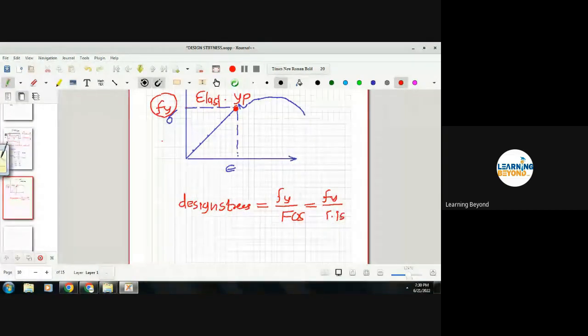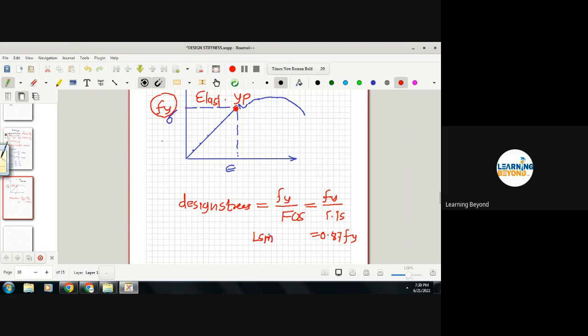And 1 upon 1.15 means 0.87 Fy. So this is our design stress. Whatever steel structures we design, we design for 0.87 Fy, and that too in the limit state method. Please try to understand it. Limit state method, not working stress method.